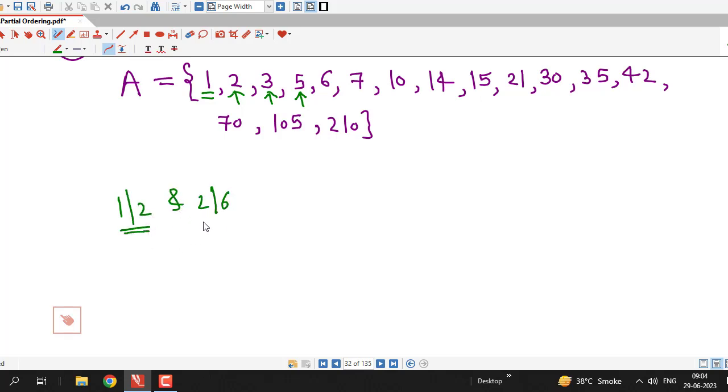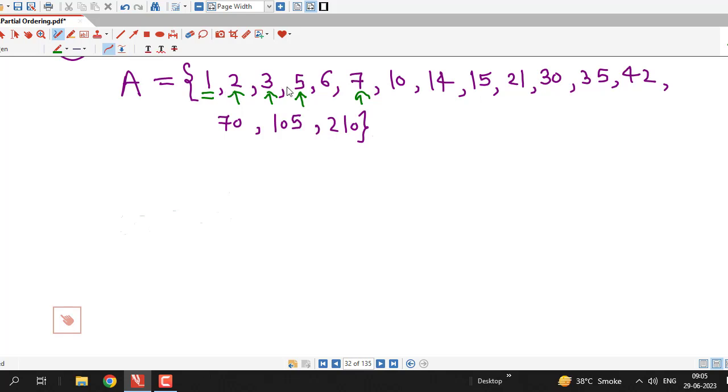So 6 is not a cover of 1. And if we consider 7, then 7 is a cover of 1. So we have 2, 3, 5 and 7. These 4 elements are cover of 1.